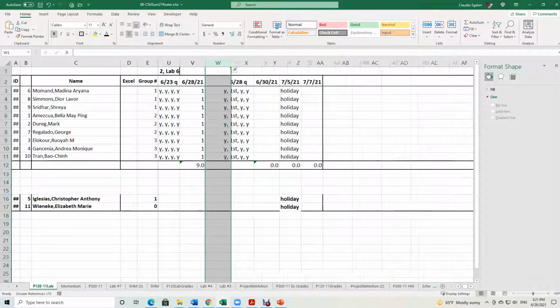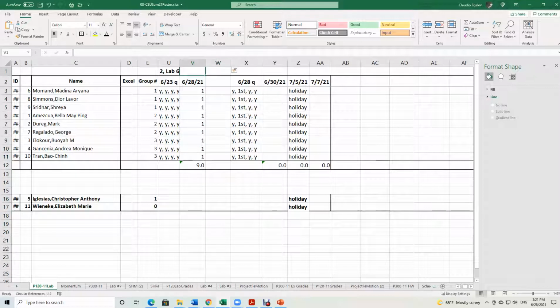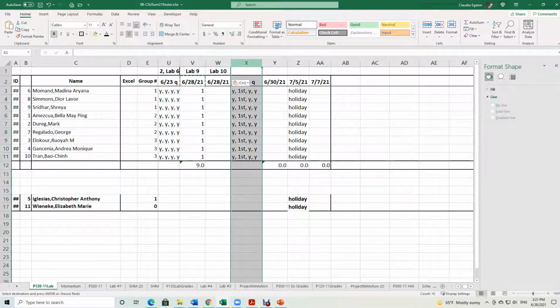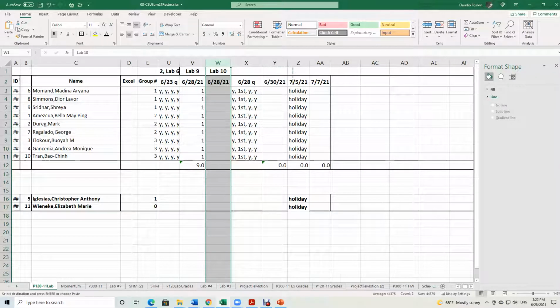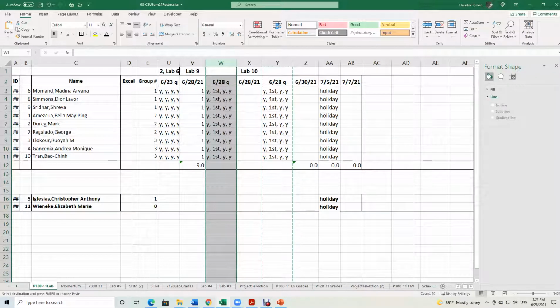Let me put here insert. This one is gonna be lab what? Number 8? No, lab 9, and this one is lab 10. Okay, I'm gonna put here insert copied cells.